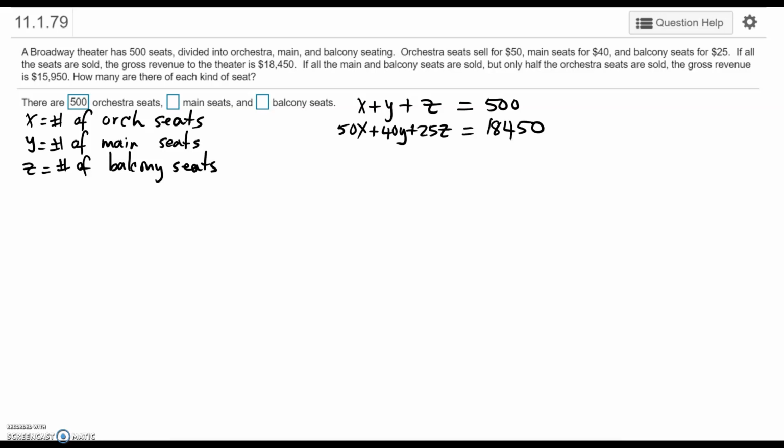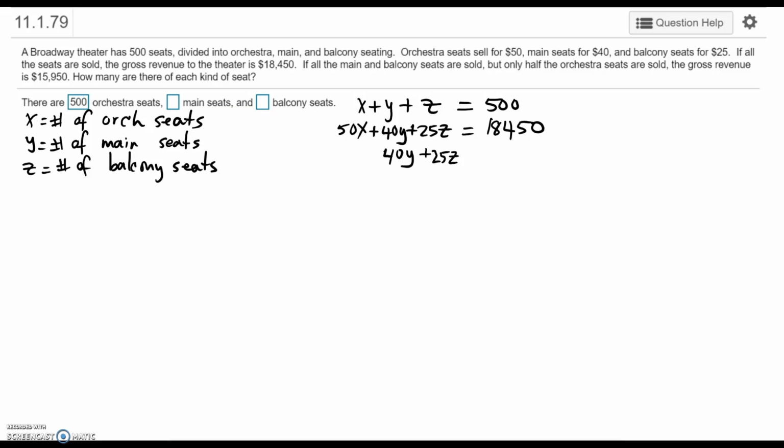So the fact that all the main seats and balcony seats are sold, that's going to be $40 for each main seat times the number of main seats, which gives me 40Y. That's the total revenue for main seats. Balcony seats are $25 each. So if I multiply $25 times the number of balcony seats, that gives me 25Z for the revenue there. But then it says only half of the orchestra seats are sold.